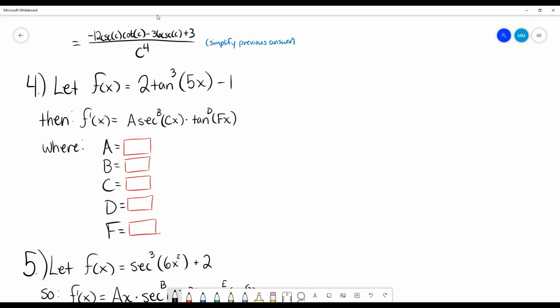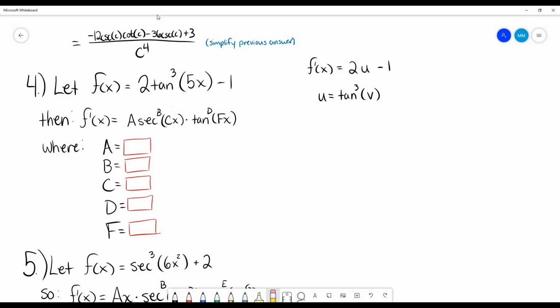So I know, let's say our first outside is going to be this tangent cubed, right? So I know that my f prime is going to be whatever 2 times u is minus 1, and I'll use u to represent that tangent cubed of another inside variable, right?